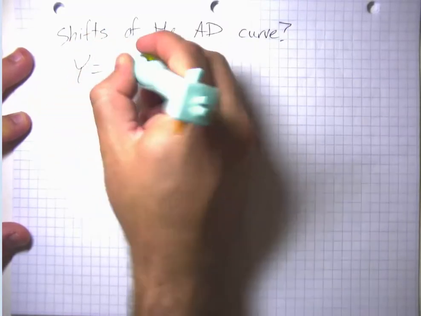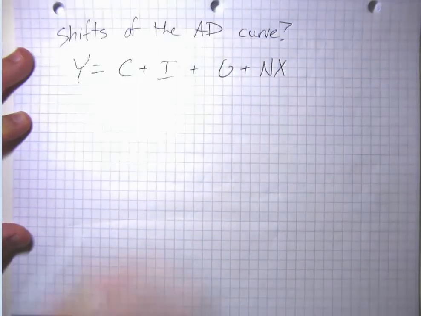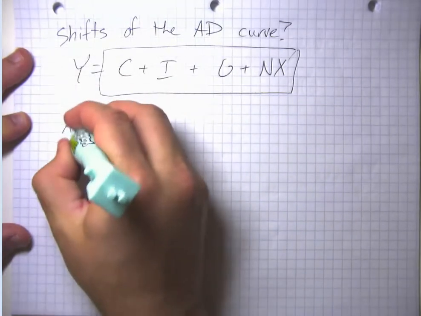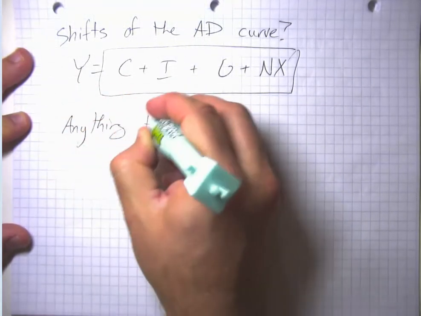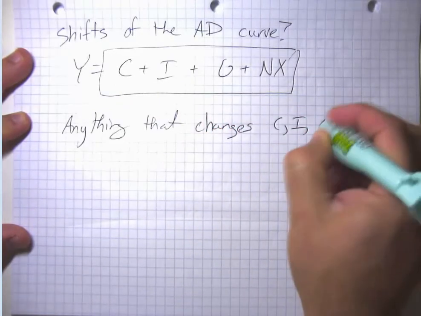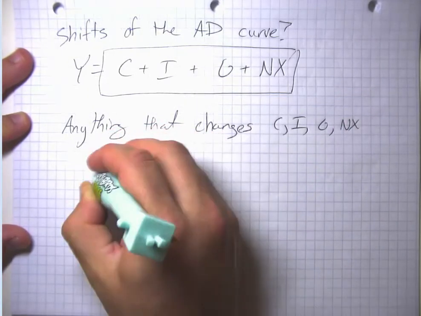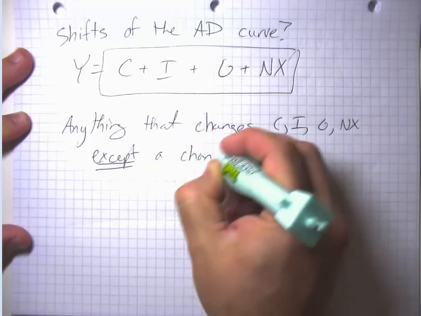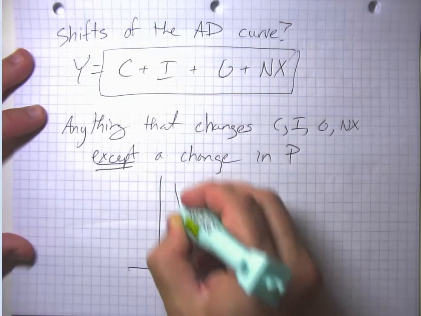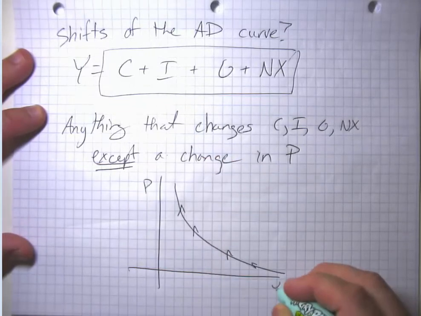Basically, anything that changes something on this right-hand side, so anything that changes C, I, G, or net exports, except a change in the general price level P. Because that change in the general price level P is exactly what causes a movement along this curve.